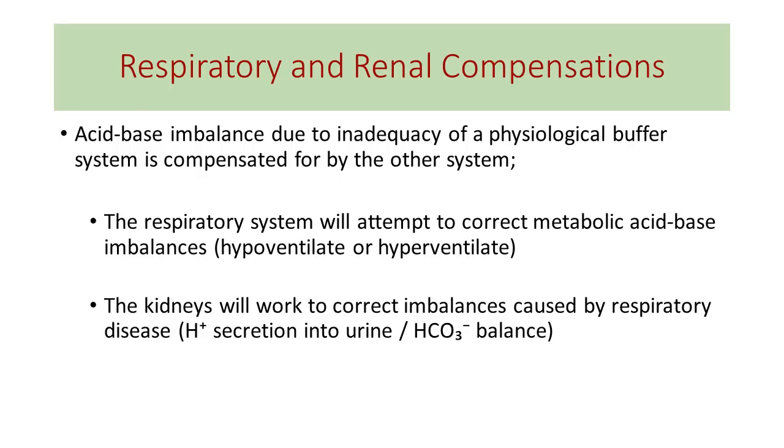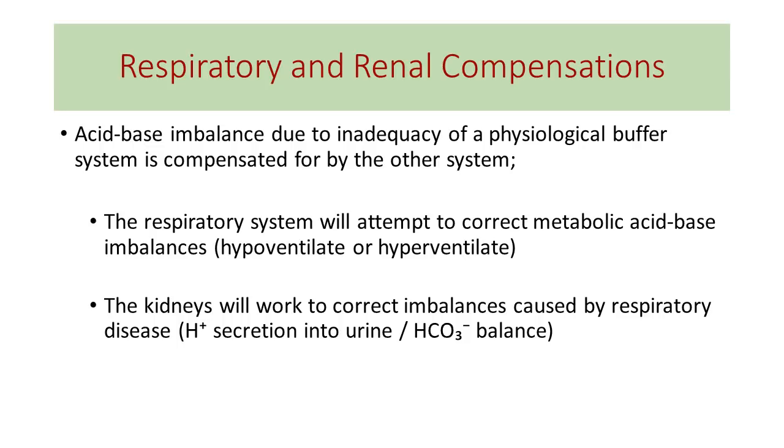So if you're becoming metabolically acidic due to some disorder, your breathing rate tends to increase, in frequency and in depth, in an attempt to blow off more CO2 and compensate for that metabolic acidity by decreasing the level of carbon dioxide in your blood.